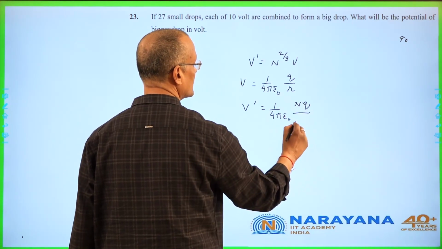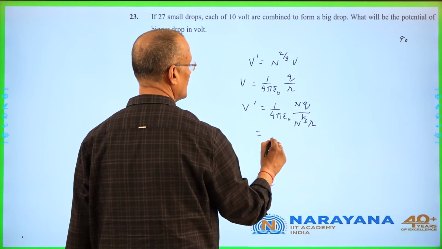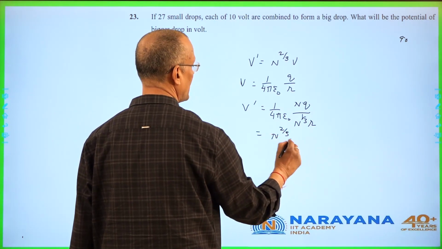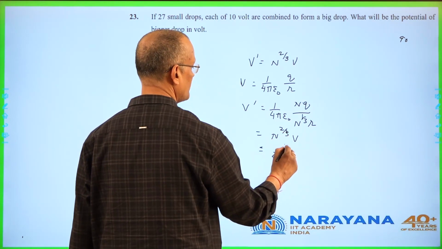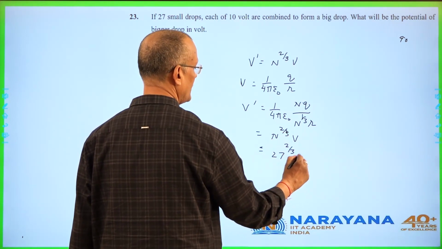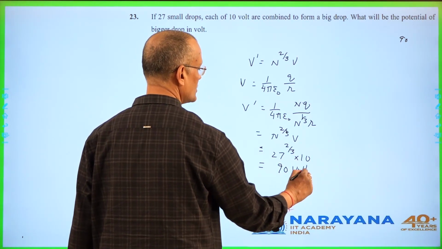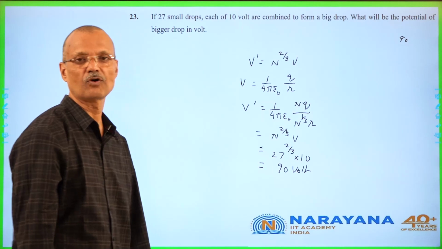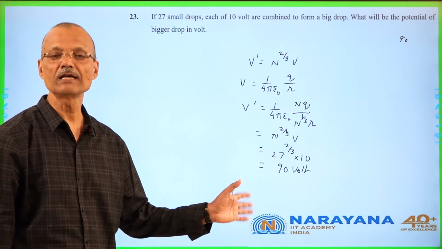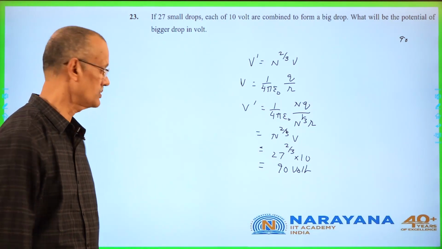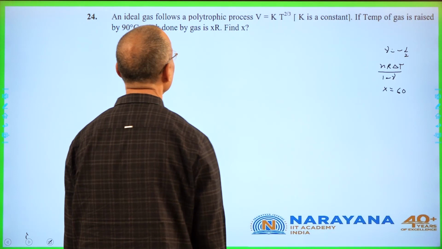Conservation of charge, conservation of volume, R dash is n to the power 1 by 3 R, so V dash is n to the power 2 by 3 V. So 27 power 2 by 3 into 10, 90 volt, and this is the answer for question number 23. I hope you have clearly understood. It is very, very simple question. Moving to question number 24.